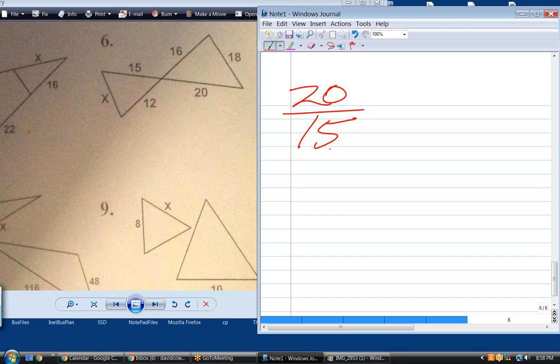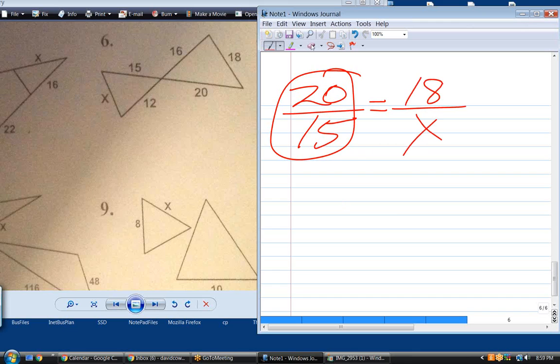And more importantly, solving for x, what do I want on the right side? X. Always go big to little. If you start big to little, make sure you stay big to little. So 18 over x.